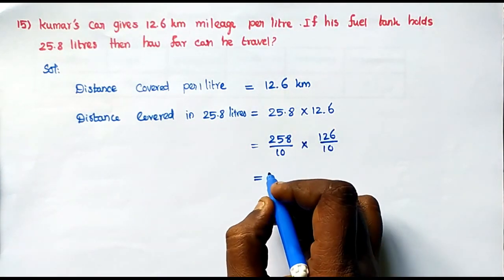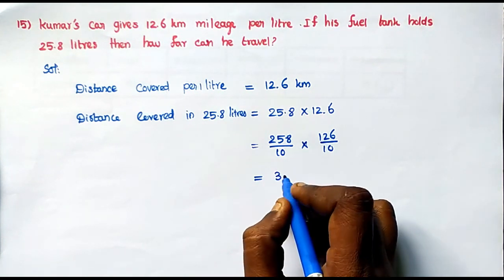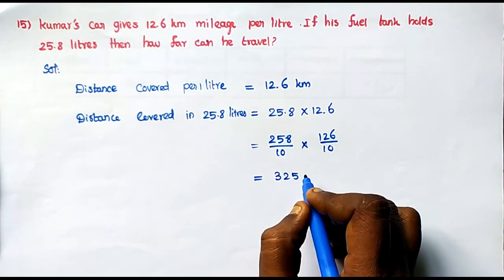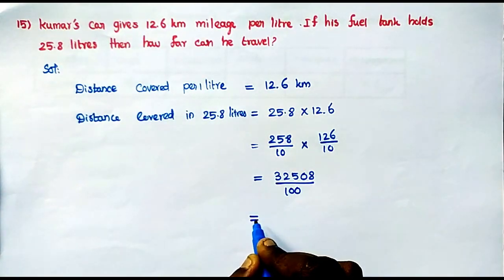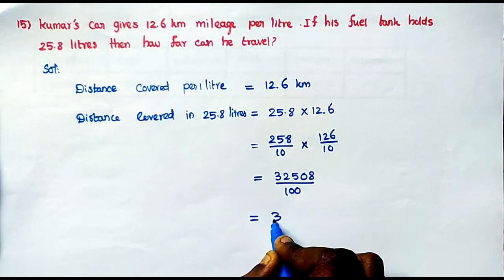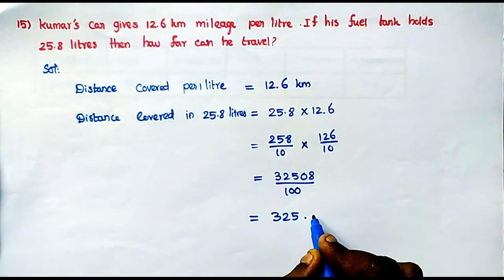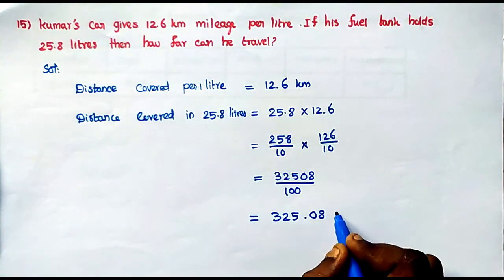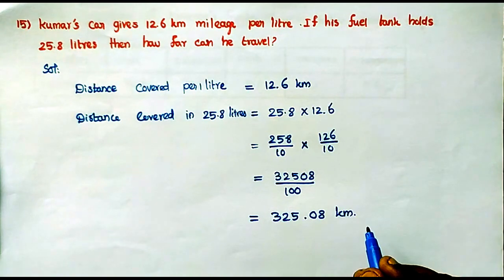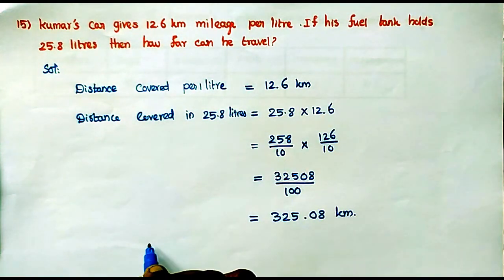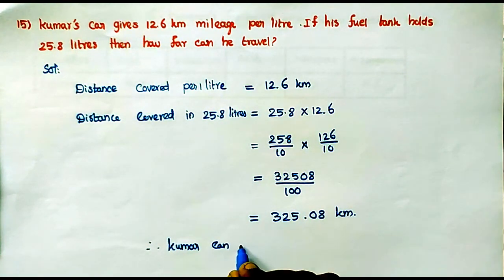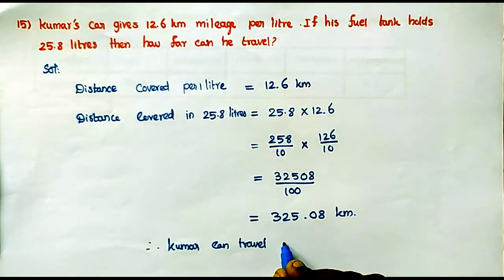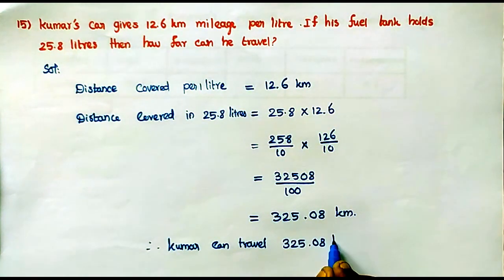Multiply these two numbers means we get 32,508 divided by 10 tens are 100. Before 2 digits we have to keep the point. So 325.08 kilometers he can travel. Therefore Kumar can travel 325.08 kilometer. That is the answer.